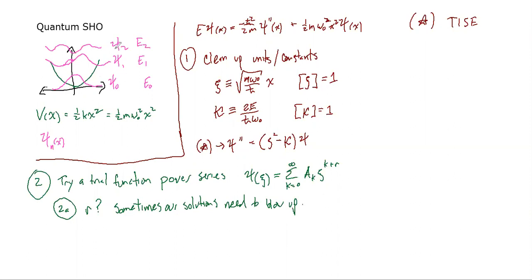Our solutions, we already know what they look like. This is the hand-waving kind of argument that our solutions don't blow up, so R equals 0. We don't need any R equals -2 terms or something like that.